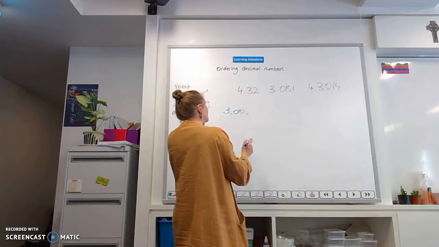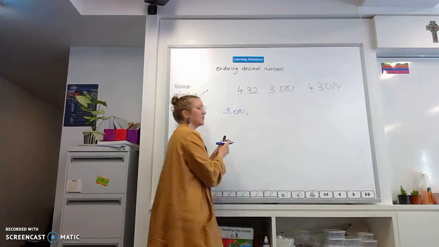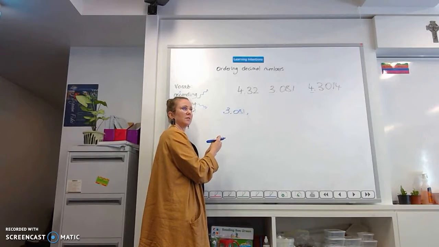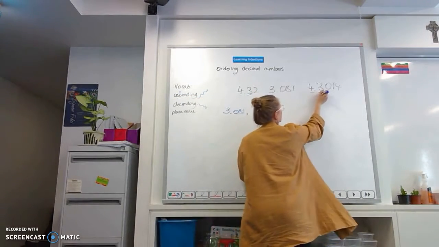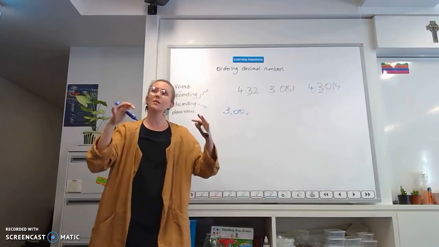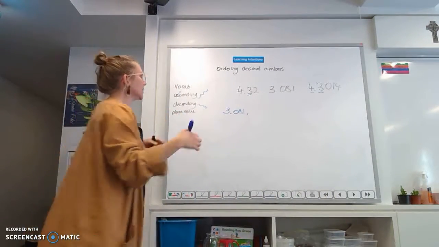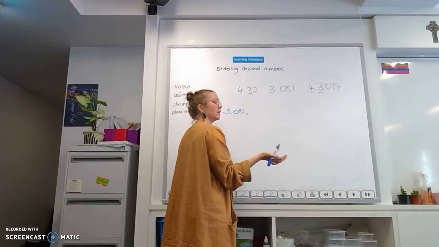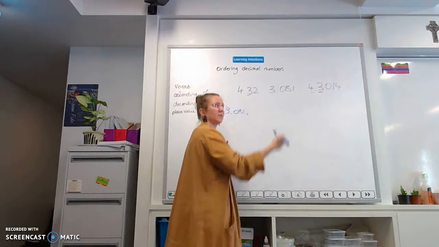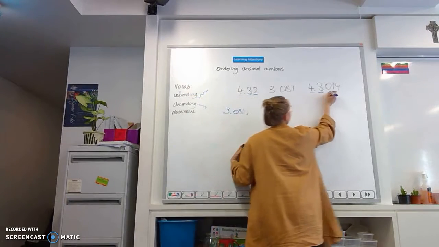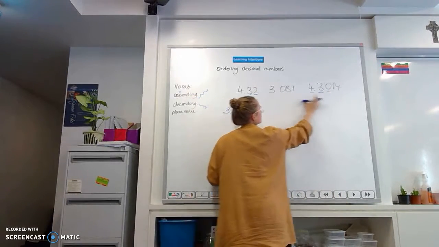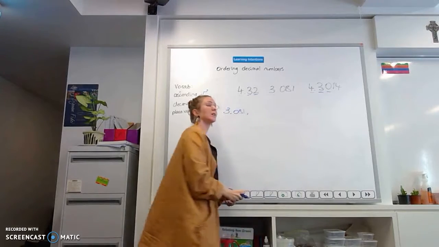For both of these numbers, the tenths is a 3. There are 3 tenths in both, so at this point they are even in size. The next thing I look at is the hundredths. So I have a 2 and a 0: 2 hundredths or 0 hundredths. Now which one is larger?